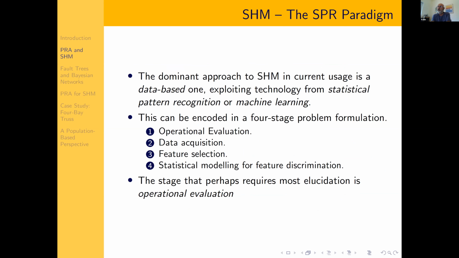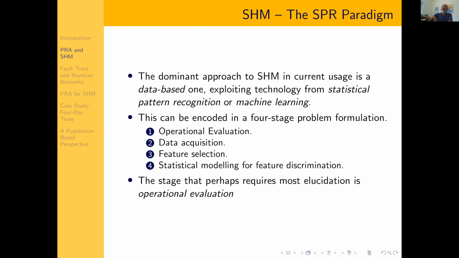Like Chuck said, econometrics has turned out to be really useful sometimes. And this four-stage approach to SHM as a pattern recognition problem, it's Chuck's formalization into a four-stage problem. We have the operational evaluation stage, data acquisition, feature selection, and then statistical modeling.